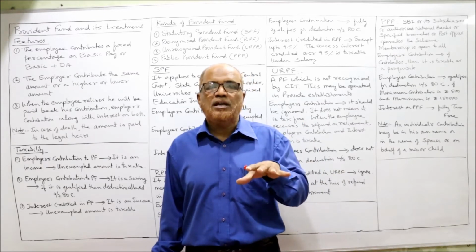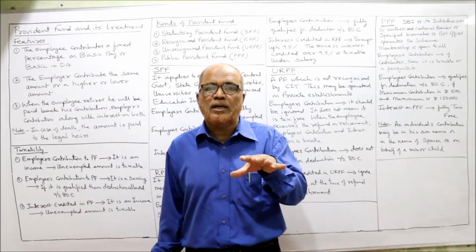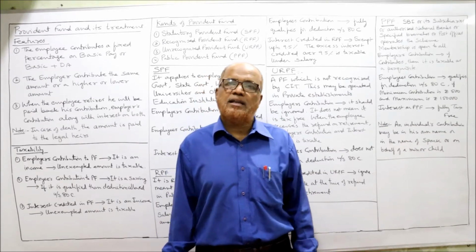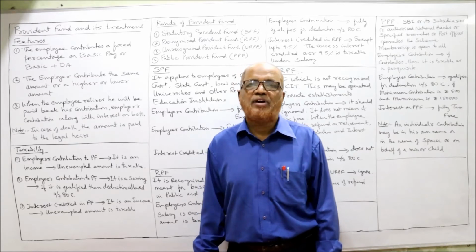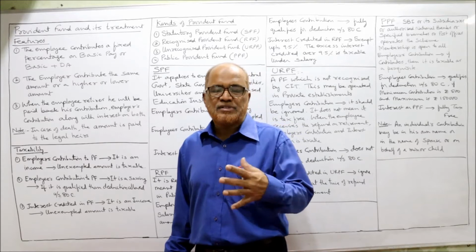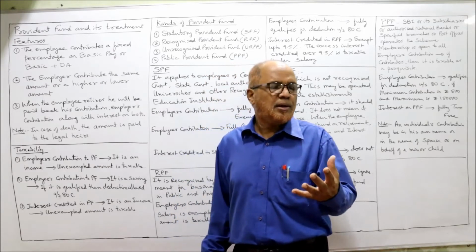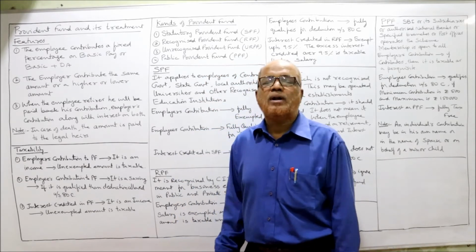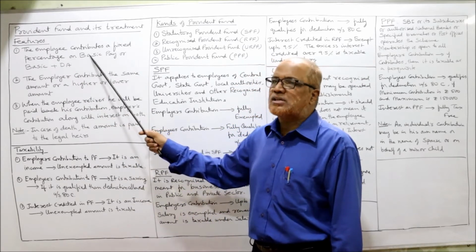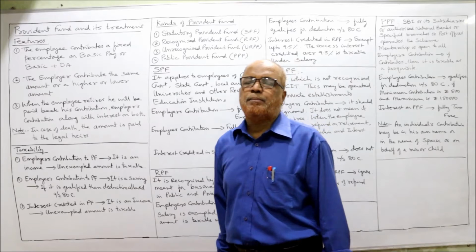So the government, in order to provide social security through savings, has framed a scheme called the Provident Fund scheme. What are the features of this scheme? The first feature: the employee contributes a fixed percentage of basic pay, or basic pay plus DA.